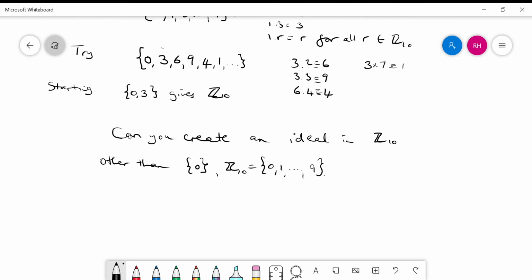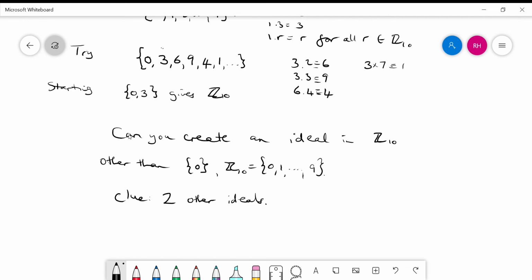I think that would be a really good exercise for the person who asked me this question. Try and come up with any sort of ideal at all. I'll give you a clue. For Z10, there are 2 other ideals. So I would suggest you see if you can find them.